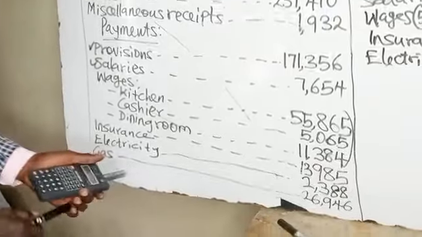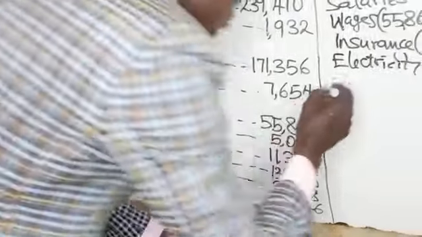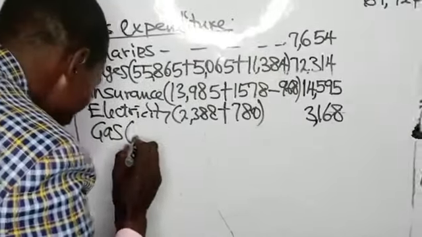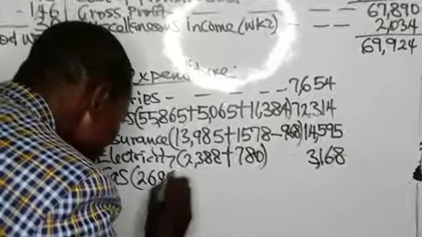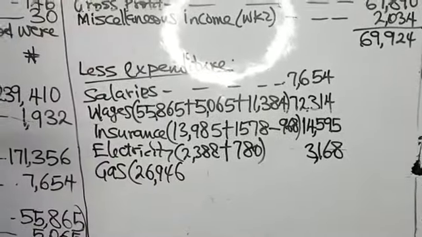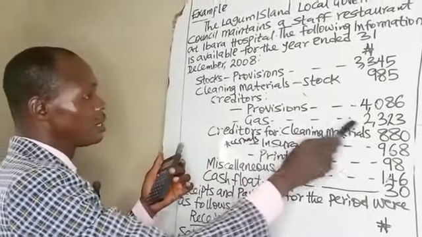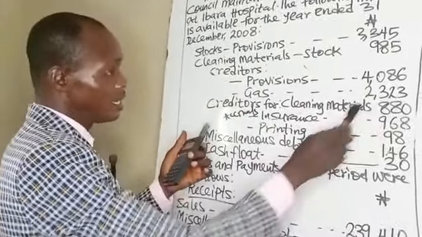The next item is gas. Expenses incurred on gas, 26,946. Do you have anything in relation to that? In our opening entry, gas, yes. Creditors for gas. Remember, this is accruals as well. Since it is creditors for gas, 2,323. This will be subtracted.